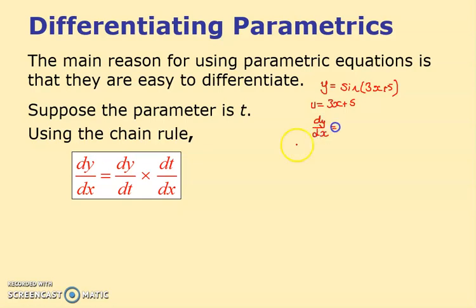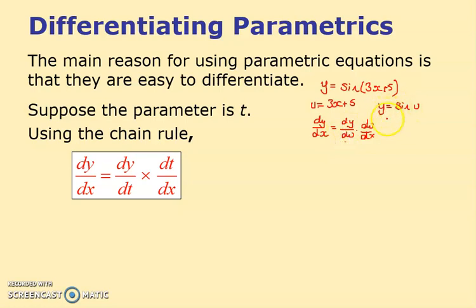Now the trick with dy by dx is to use something similar to this over here. I'm going to use dy by du times du by dx. First of all I've got to rewrite the y, because I've said this is u, so let's write it as sine of u.